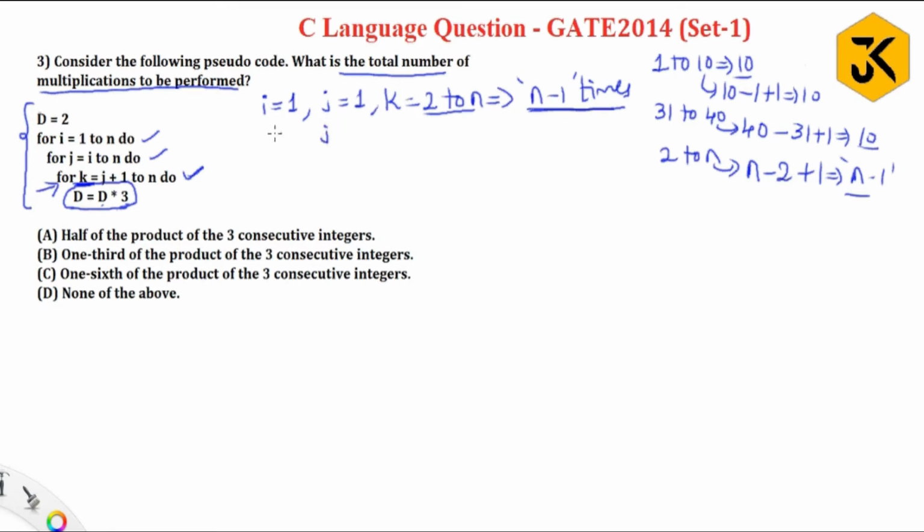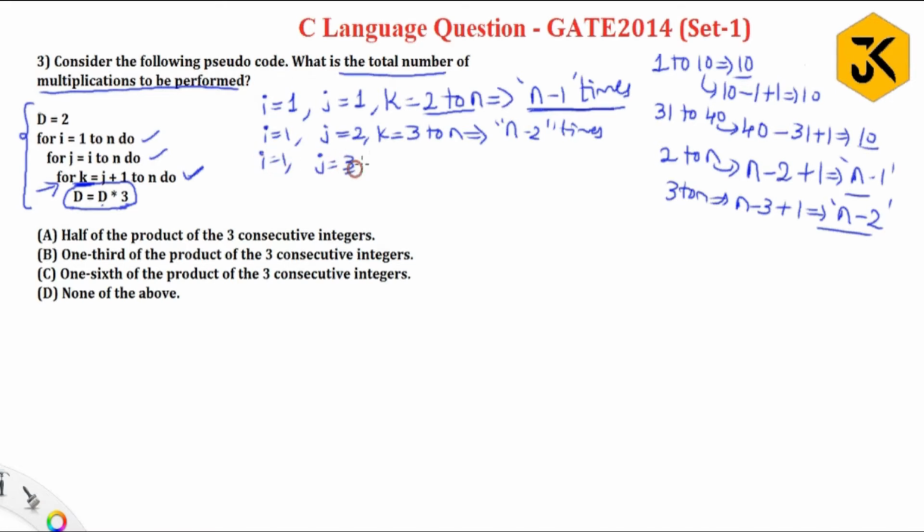Similarly, when i equals 1 and j equals 2, k will start from 3 to n. 3 to n means n minus 3 plus 1, that is n minus 2 times. Similarly, for i equals 1, j equals 3, k goes from 4 to n, so it is going to execute n minus 3 times.